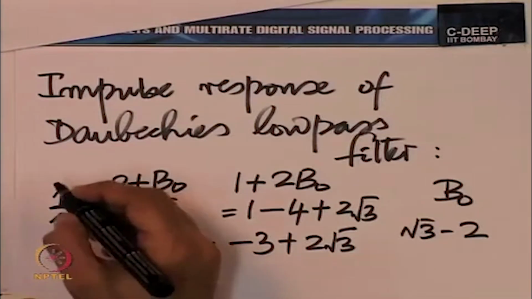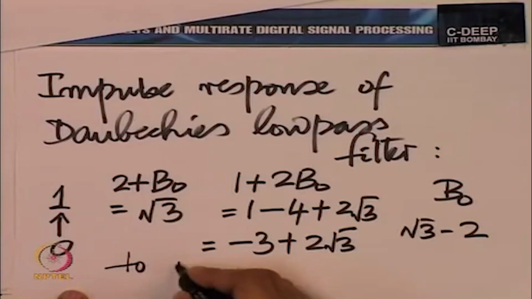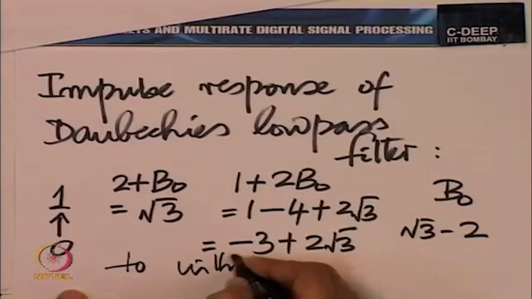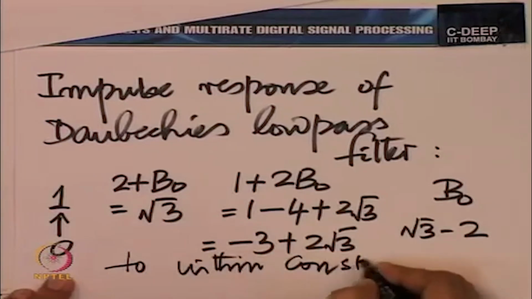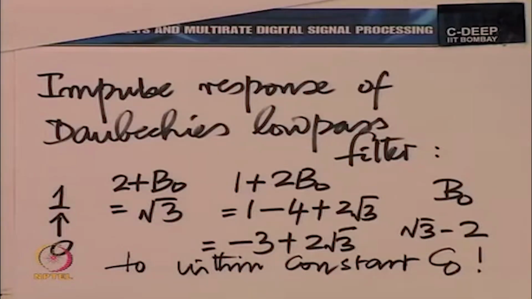So, this is H 0 of course. Well, please remember this is to within a constant. So, there is still that constant C 0 that needs to be determined.